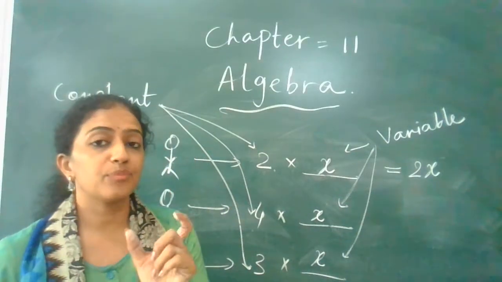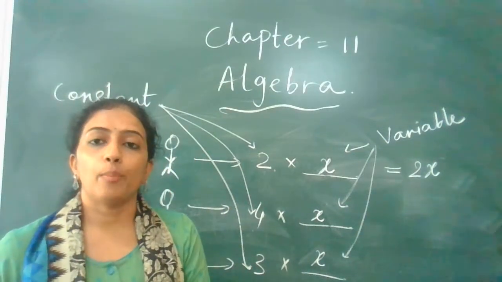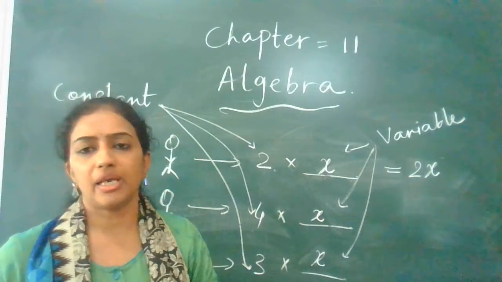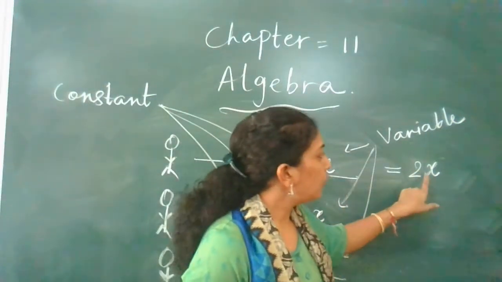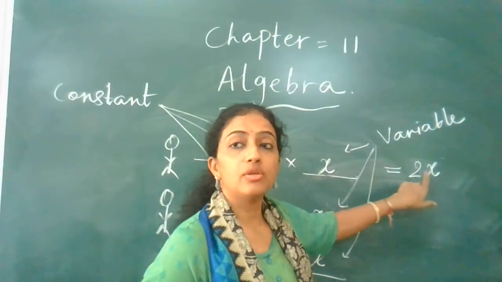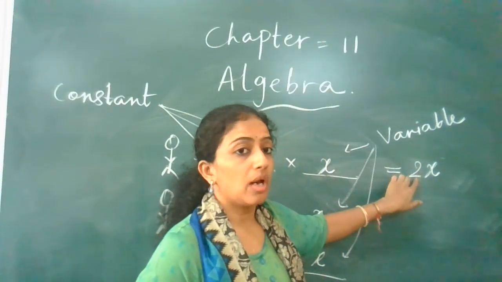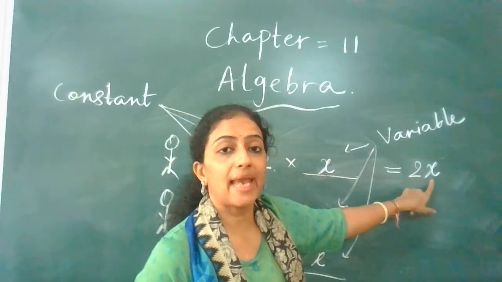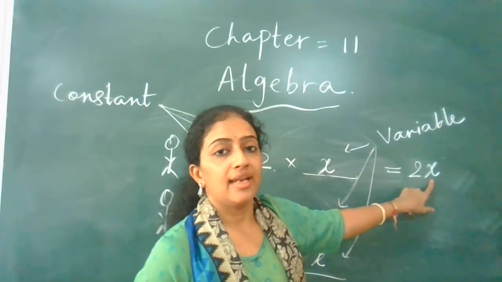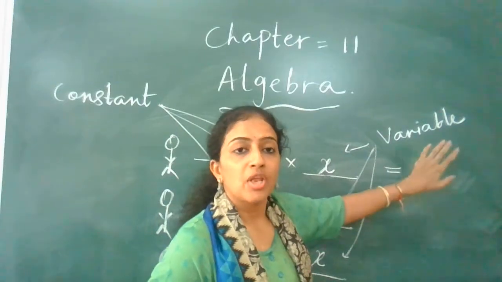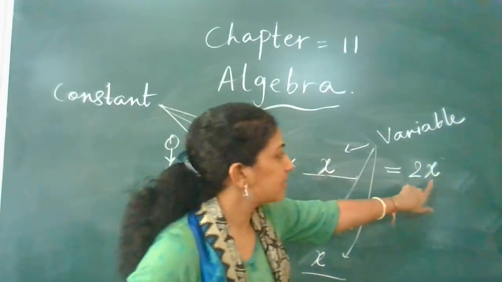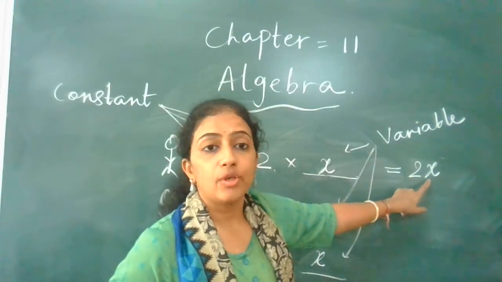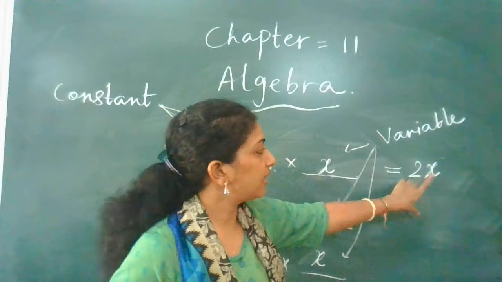Now this is something new. Till now, whatever operations you were using, you put the sign in between, multiplication sign also. But when you don't put any sign in between, see, this is 2 and this is also a number, yet we don't know the fixed value of x. So when you write 2x this way, it shows that you have multiplied, because there is no sign.